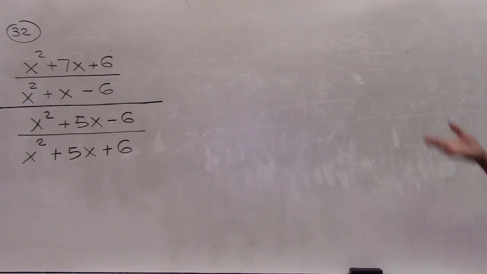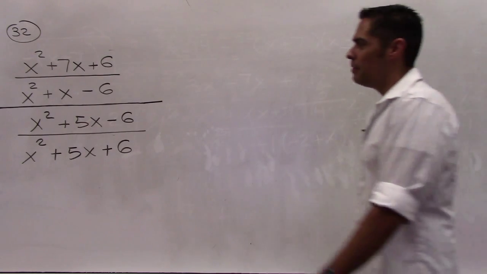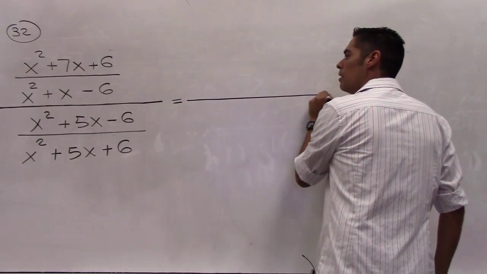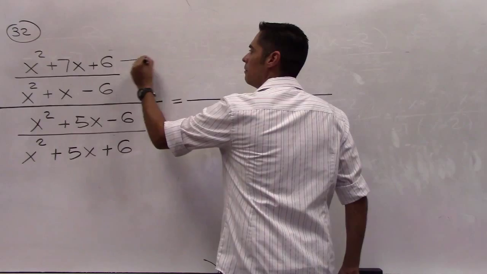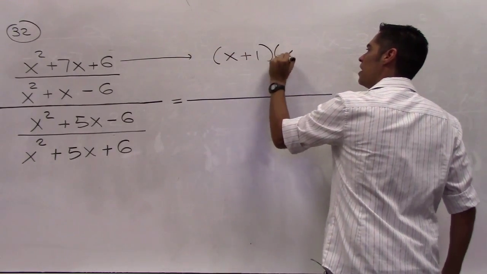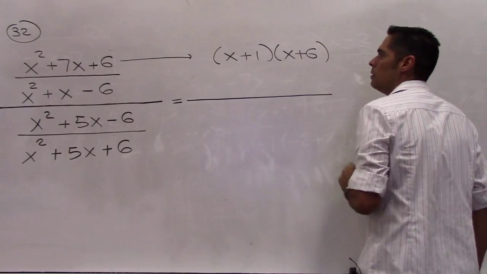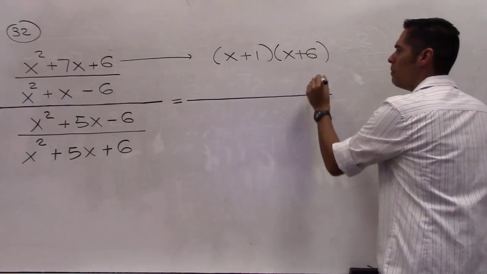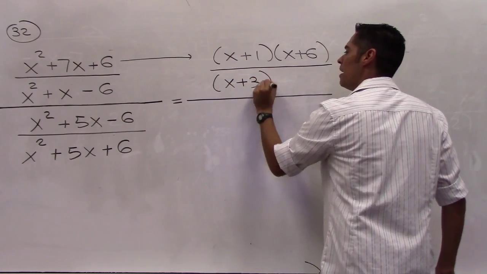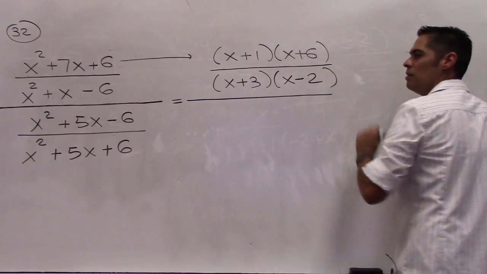All right, so factoring, this is factoring heaven. If you love factoring, this is factoring heaven right here. If you like trinomial factoring. So let's see. Here's my main division bar. Let's factor this top one. X plus 1, X plus 6. And the next one below that, X plus 3, X minus 2.